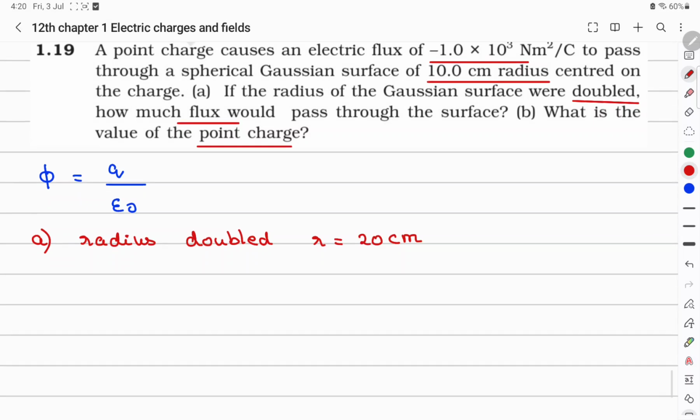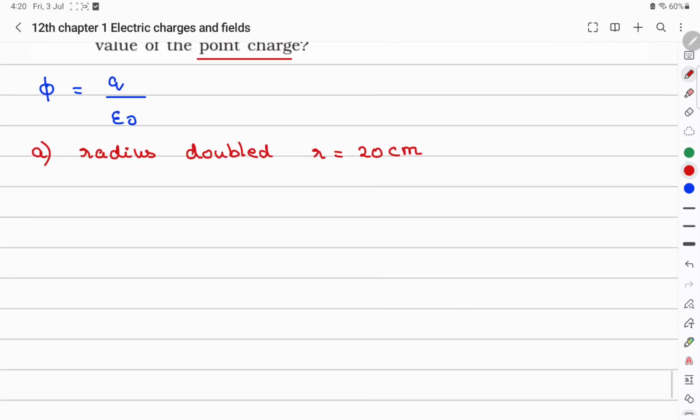So according to Gauss law, the electric flux depends only on the charge enclosed, not on the radius of the sphere. So even if the radius changes, the flux will remain the same. So the flux will be phi is equal to minus 1 into 10 to the power of 3 Newton meter square per coulomb.